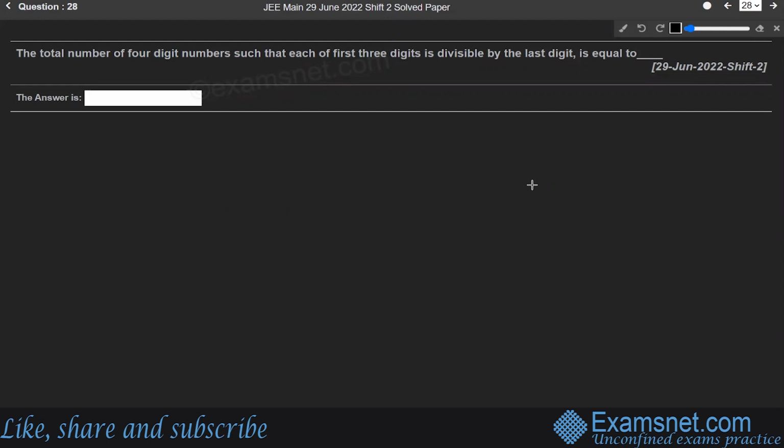So firstly, let us consider a 4-digit number. Okay, so let us consider the 4-digit number as A, B, C and D. According to the question, this 4-digit number should be formed in such a way that there is a relation between the last digit and the first 3 digits.